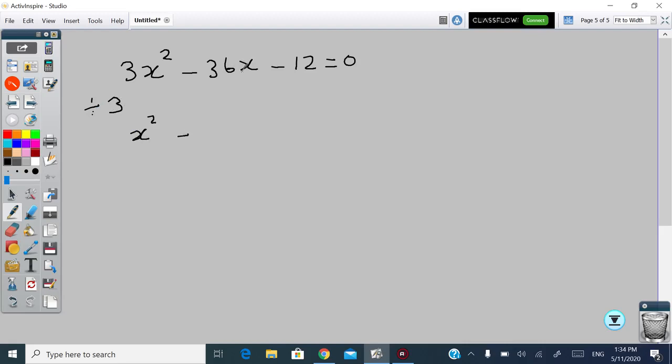Minus 36 divided by 3 is 12x. Minus 12 divided by 3 is 4. Now we send the 4 to the right hand side. That gives us x squared minus 12x equals 4. And we ask ourselves, what constant do we need?